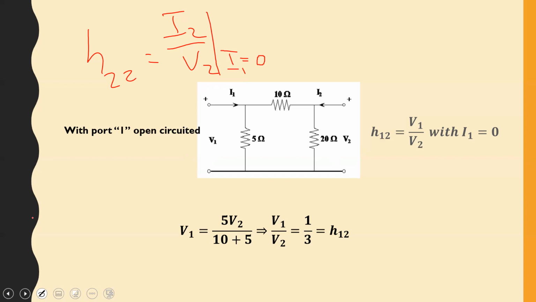Somebody help me. Ms. Richards, what did we do? How did we find a relationship between V1 and I1? Sir, I'm here.